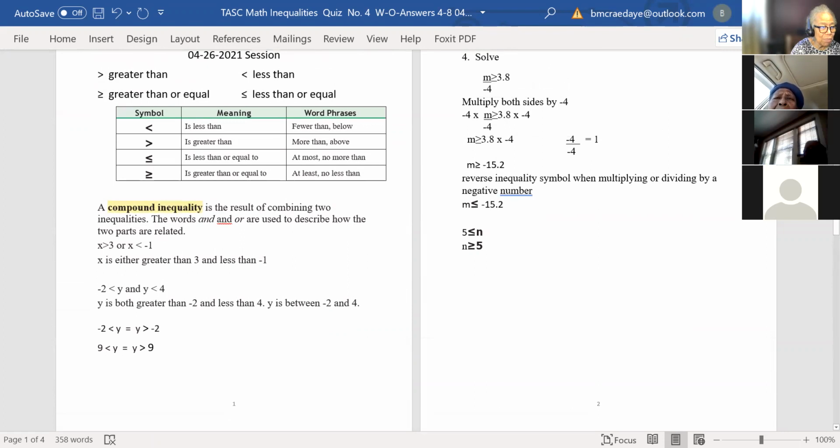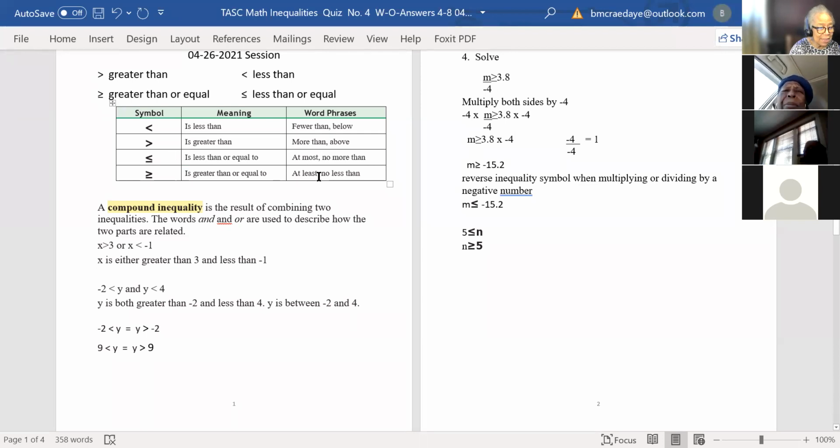At most means what? What does it mean, Vanessa? At most, less than or equal to. I gave you some word phrases and I wanted you to use those. That's why I gave them to you. At most means less than or equal.